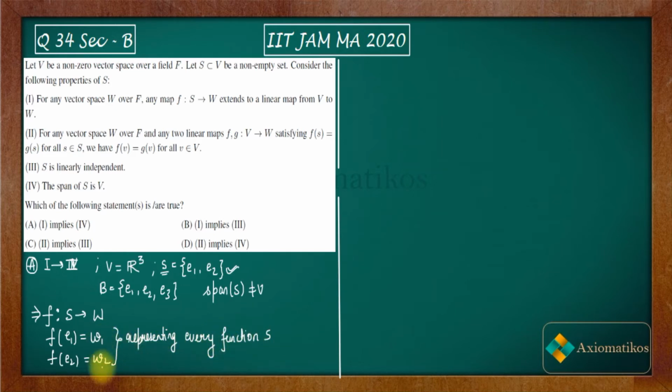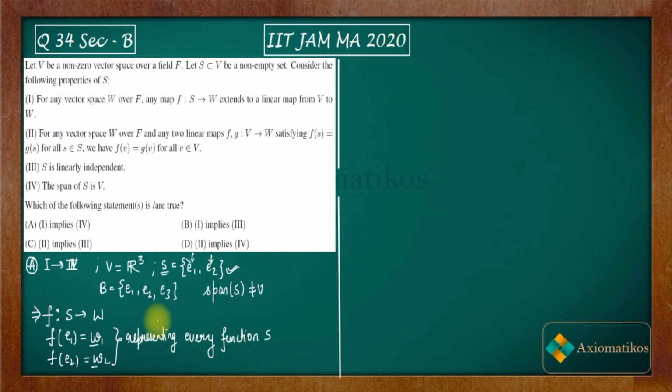Because w1 and w2 are arbitrary. Since it is a function, you need the image of e1 and e2. So I have arbitrarily chosen w1 as the image of e1 and w2 as the image of e2. Whatever function you choose, you will always get w1 and w2 such that the function I have chosen is equal to that function. Are you getting my point? So it represents every function.